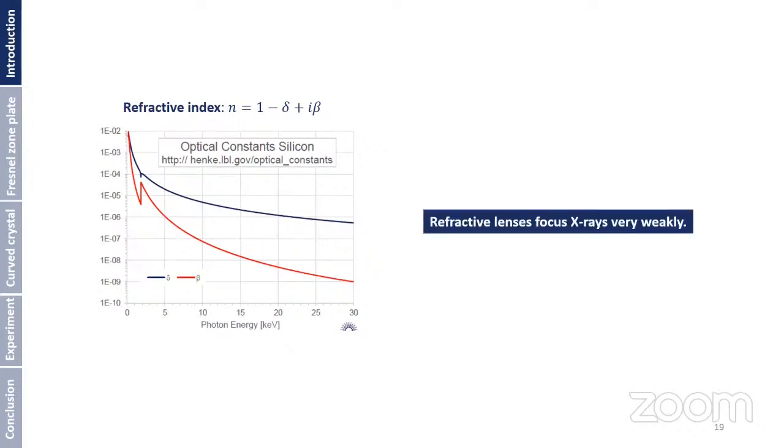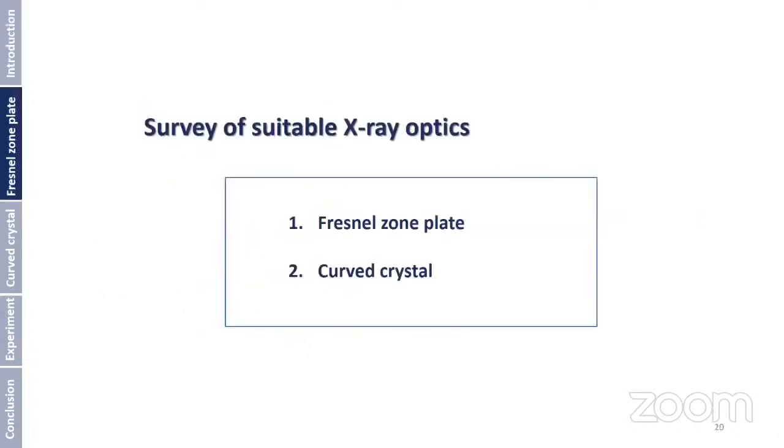As the refractive index is close to 1 for all materials in the X-ray range, the refractive lenses focus X-rays very weakly. To address this issue, we proposed two X-ray optics, which will be presented in the next section: the Fresnel zone plate and the curved crystal.